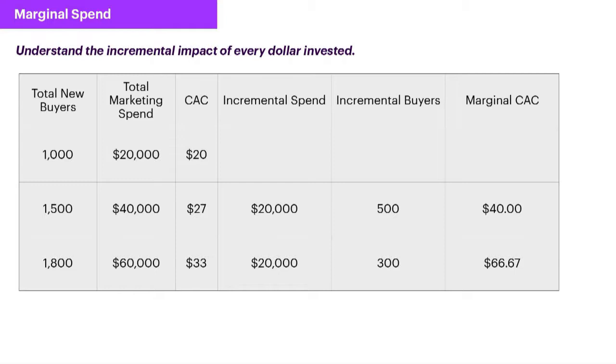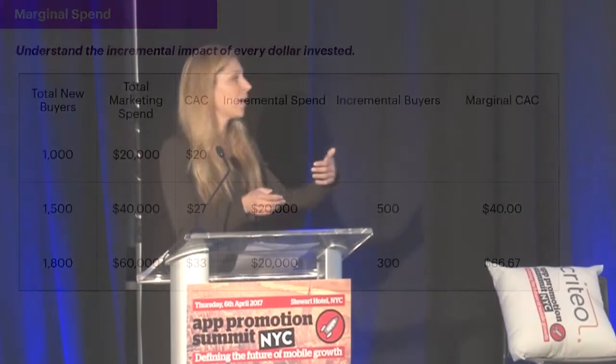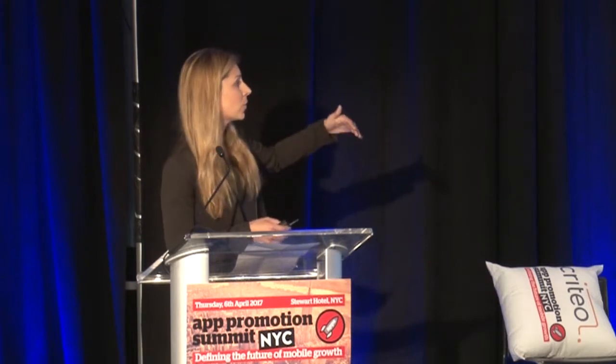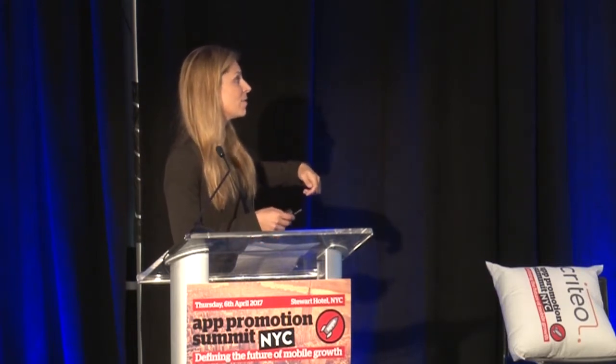Then we start spending a little bit more, spend another $20,000, and that spend is a little bit less efficient. Now we're spending $27 on a blended level, but that marginal CAC to get those incremental new buyers was actually $40, but we're still within our range. Then when you add another $20,000, what's interesting here is that your marginal CAC, the CAC of that extra $20,000, was actually almost $67, which is outside of your goal.